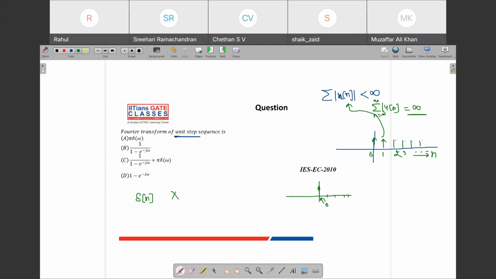So when you calculate X of e to the power j omega, the sum of x of n e to the power minus j omega n, since the signal is there only for n equal to 0, when you put n equal to 0, you will simply get 1. So this is the DTFT of the impulse.